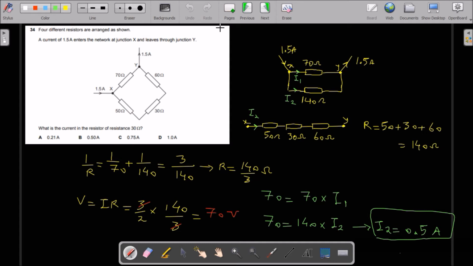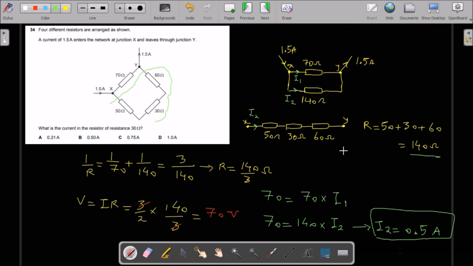First of all, when current comes from point X and goes out of this circuit from point Y, I can separate the 70 ohm from the other resistors. I can say that these 3 resistors are in series, so I can find their effective resistance, which is 140.